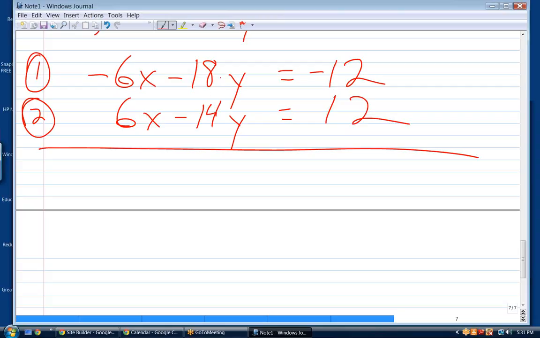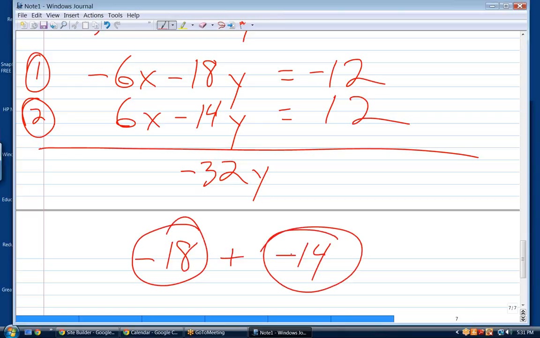It's minus 18y plus minus 14y. It's gonna be 4. Oh, yeah, right. We're adding a minus 18 plus a minus 14. Same sign, you just add the numbers and then you attach the sign that they both are.